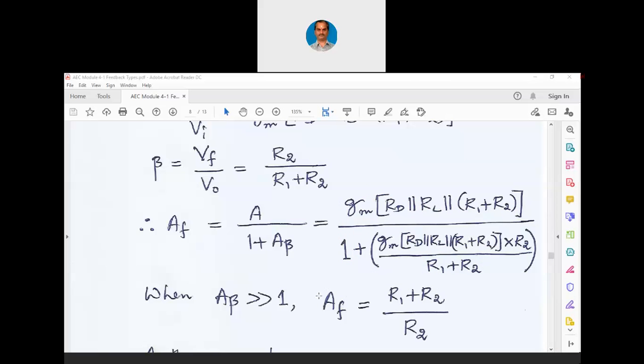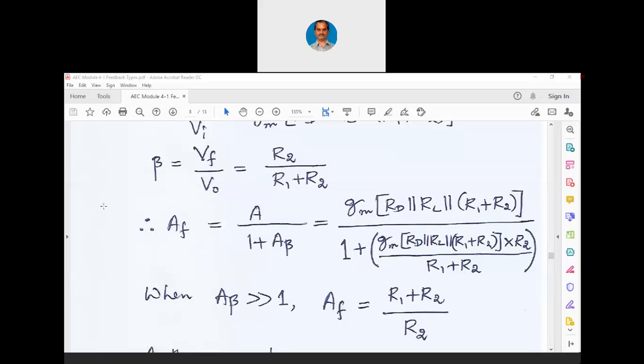So now the gain with feedback is R1 plus R2 divided by R2, which means the gain with feedback, or the closed loop gain, is completely independent of the open loop gain. You can see here, AF is dependent only on the values of R1 and R2. It is not dependent on the gain of the amplifier circuit.